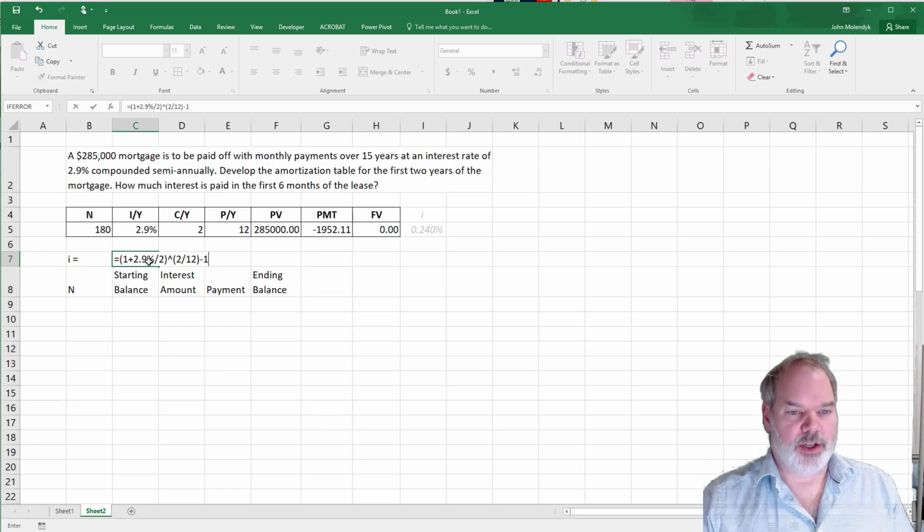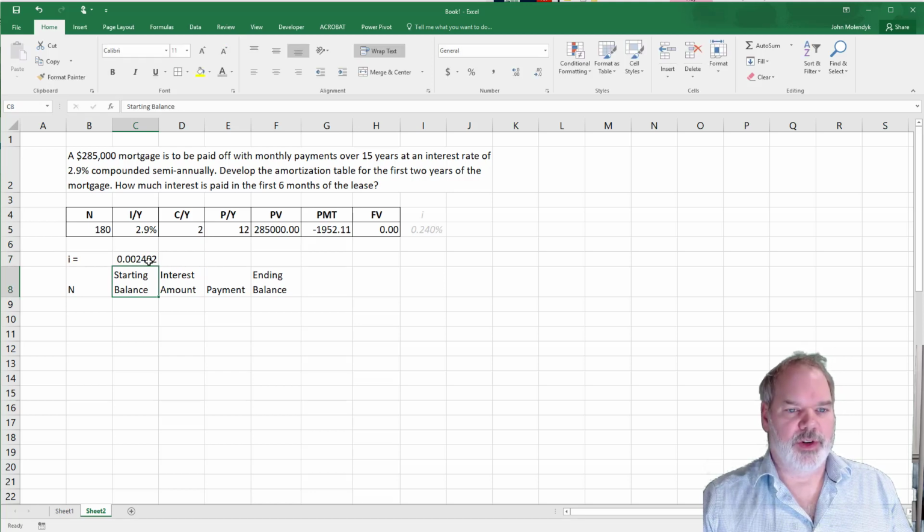That gives us our effective periodic interest rate. So 2.9% compounded semi-annually as a monthly interest rate is 0.002402, which is 0.24%.